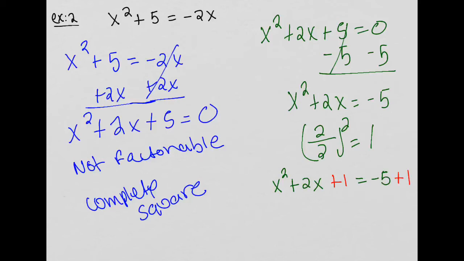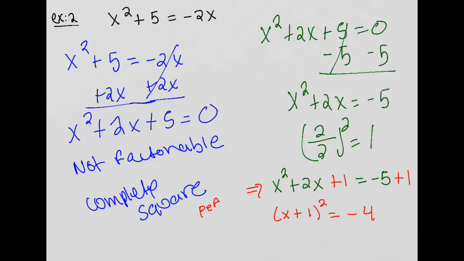Once you do that, your left side will turn into a perfect square trinomial, which the answer will be x plus 1 squared. And on this side, I'm going to have -4. How does that happen? Factors of 1 that add to 2 are 1 and 1. And this is a perfect square trinomial.